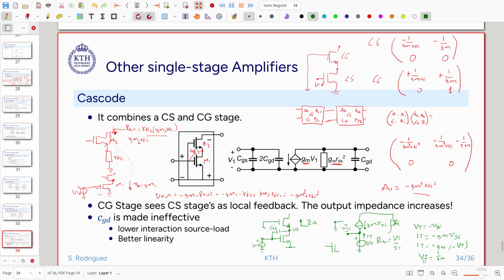Every time that I see an amplifier in this direction, the impedance will be around 1 over gm. So in this direction I see 1 over gm.